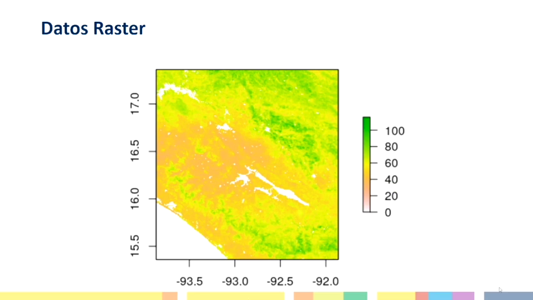These are the values of the organic matter in the soil. This would be another part of the Chiapas map, and you can see the higher and the lowest values and how the spatial distribution of these values looks like. So the raster data is very useful for whenever you have data that covers the whole surface with pixels.